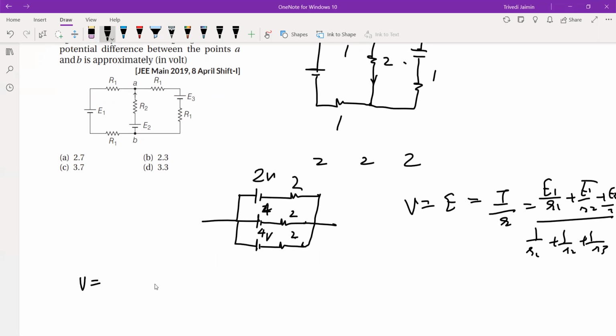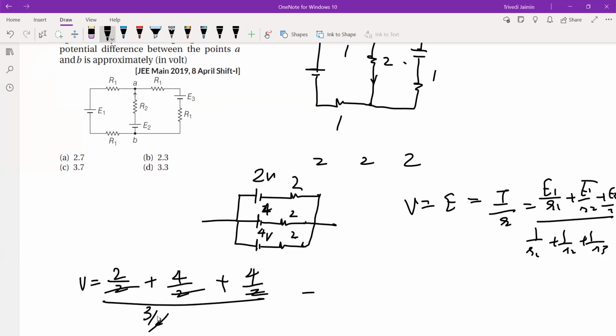Equals E1 by 2 plus 4 by 2 plus 4 by 2, divided by 3 by 2. So 2 will get cancelled. 10 by 3, which is 3.3 volts.